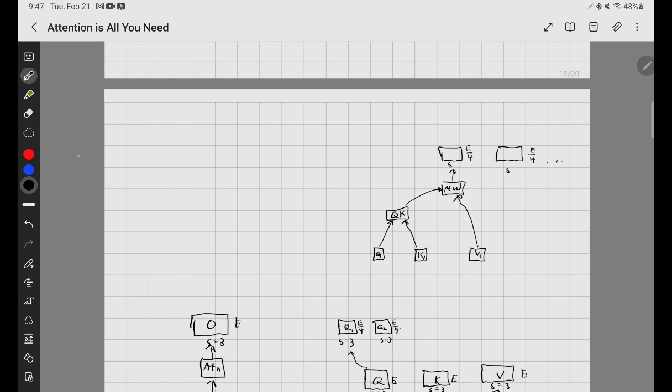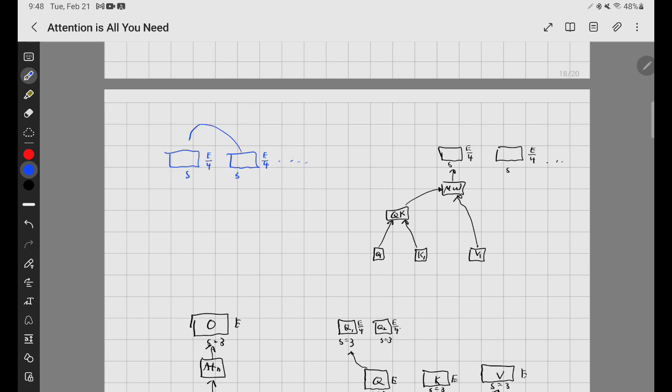So now I have this sequence, which I'm going to show on the left. I have this sequence, which is S by E over 4, and you have 4 of these, and so on. And then you can combine them by just attaching them together.